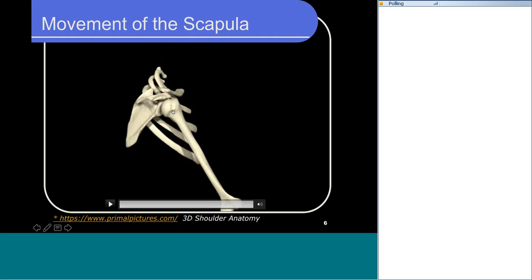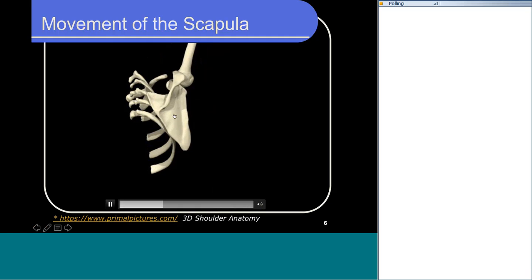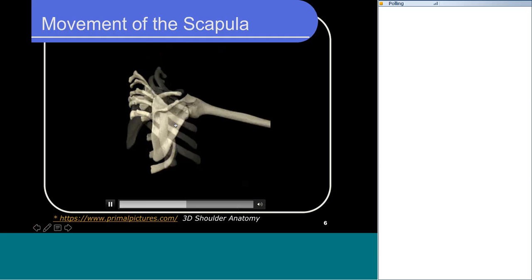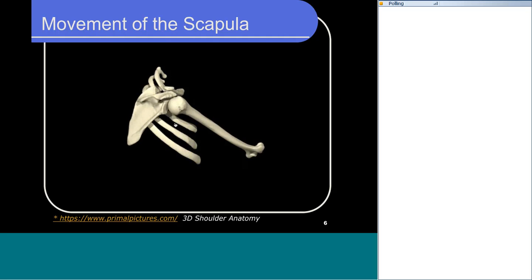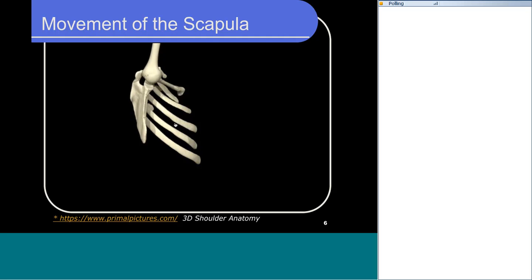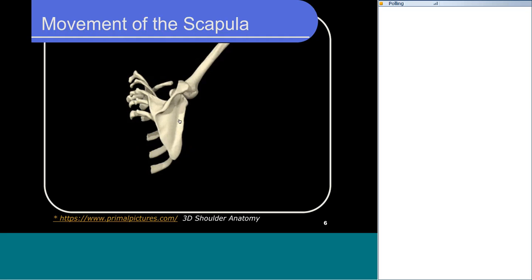When you raise your arm up, so you raise this humerus bone up, and when you elevate it, there you go, you can see that the scapula plays a major role in the range of motion that you get for the upper extremity. And as you would guess, if you have any disability that affects the movement of the scapula, it can be very debilitating, especially for simple activities like lifting or reaching and feeding, and activities of grooming.